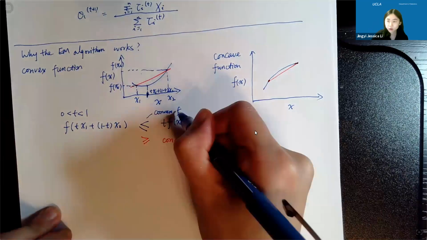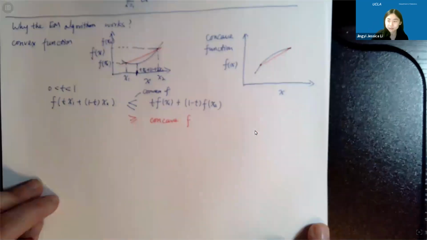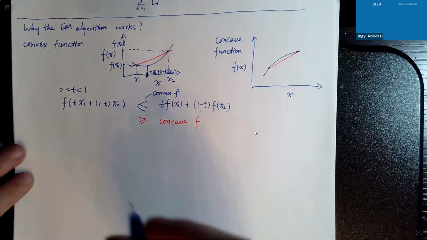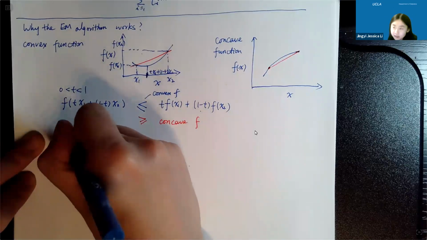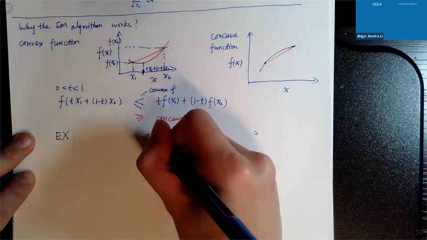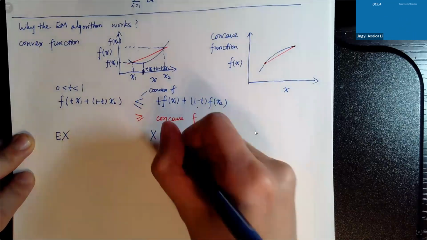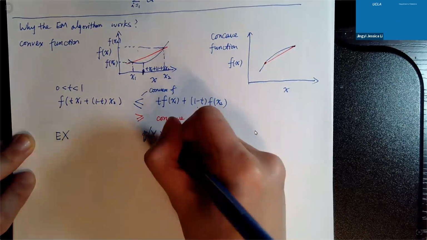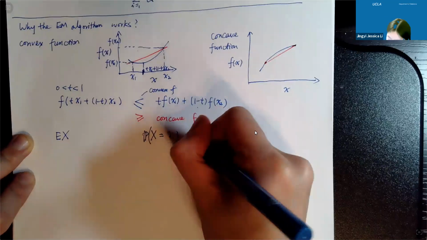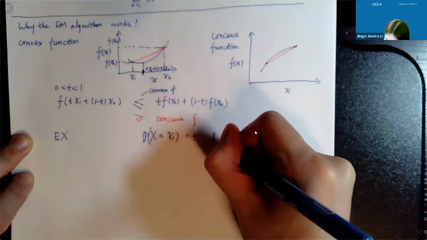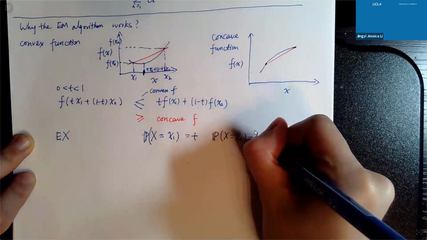So using this property, we can make it work for our expectation. So think of our expectation. What is the expectation of x? Let's say that if x takes two values, to make it easier, x equals value x1 with probability t and x equals value x2 with probability 1 minus t.